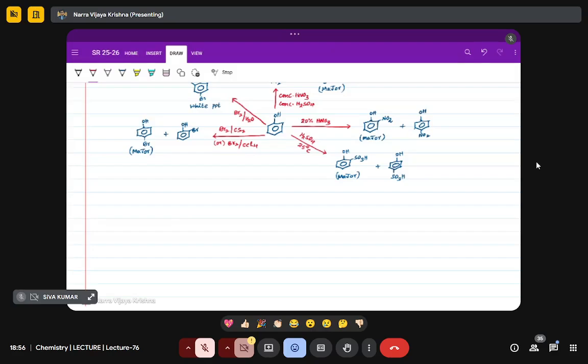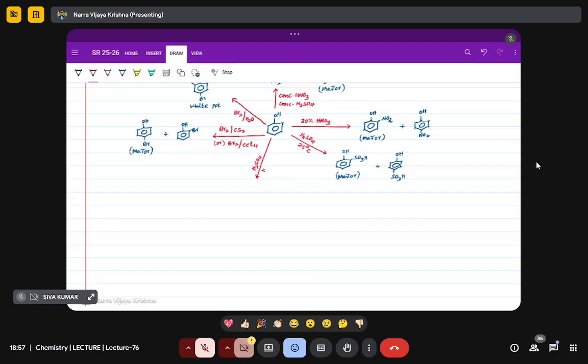Next, H2SO4 at 100 degrees centigrade. See, on heating, ortho also rearranges to para. Now tell me which is major: para will be major. I will change its position so that you will not get confused.